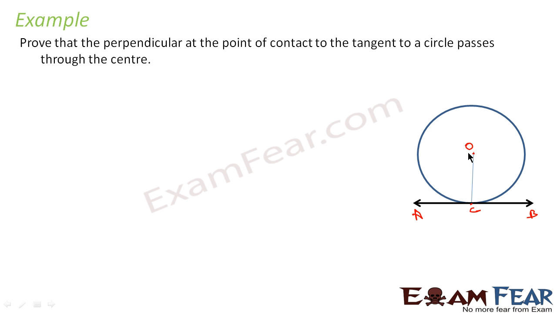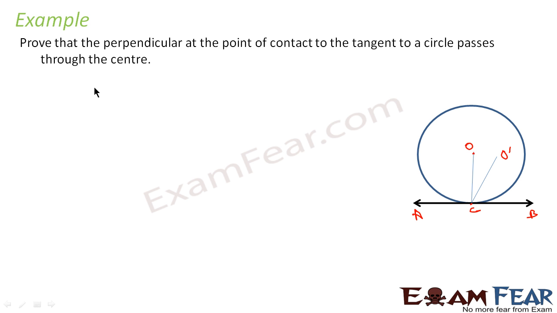To prove this, let's do it by contradiction. Let's assume that this is O dash, and assume that the perpendicular to AB doesn't pass through O. It is perpendicular to AB and passes through O dash C. Correct?